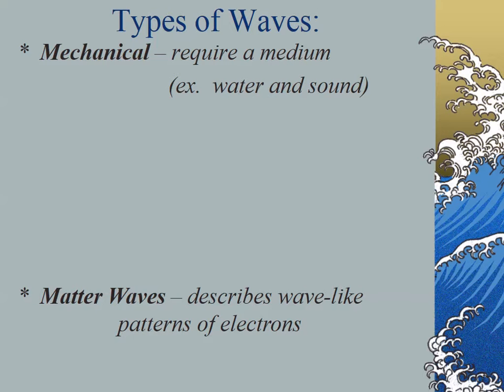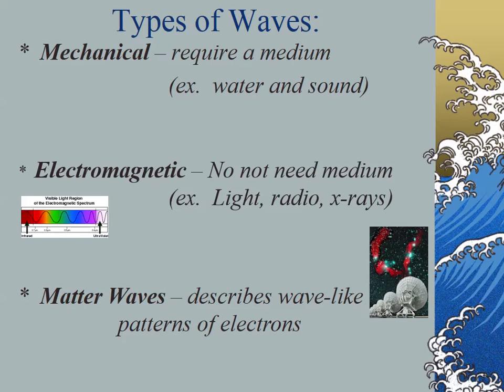If a wave requires a medium in order to move, that is a mechanical wave. We will learn that water, and more importantly sound, are going to be our primary mechanical waves that we're interested in.